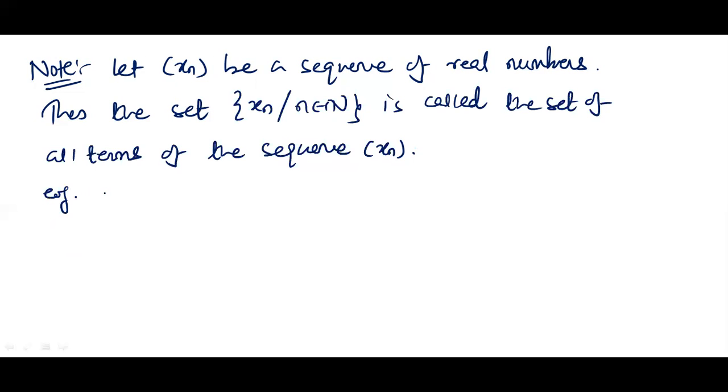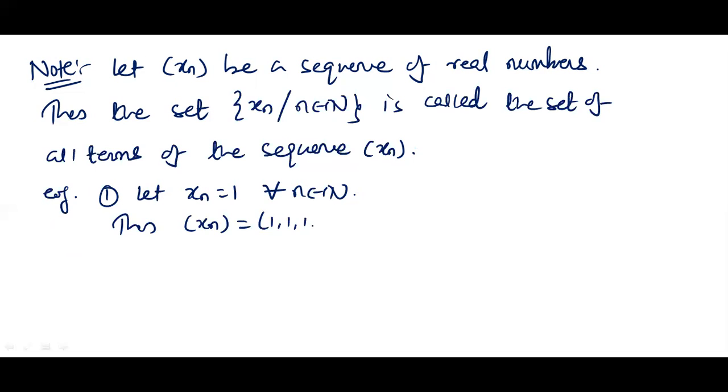For example, let xn is equal to 1 for all n belongs to N. Then xn is a sequence whose all terms equal 1, and we have just seen that it is a constant sequence.